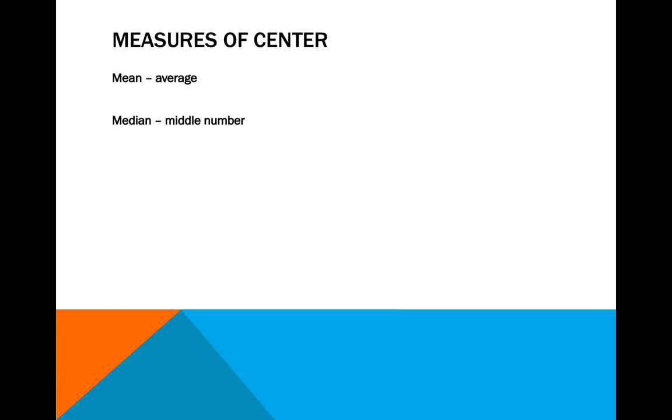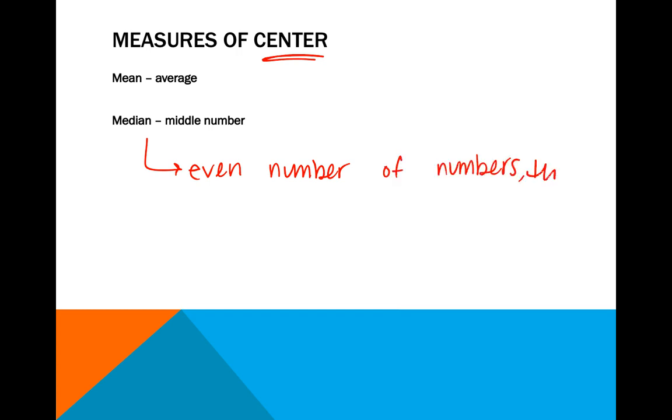If you're asked about the center of a distribution, those measures of center are either the mean, which is the average, or the median, which is the middle number. Sometimes when you're calculating the median, if you have an even number of numbers, then the median is going to be the average of the middle two.